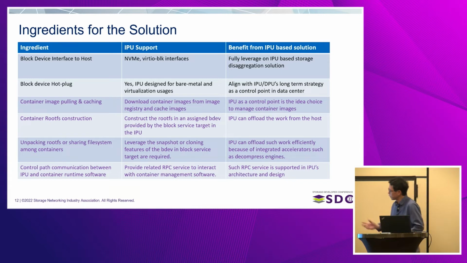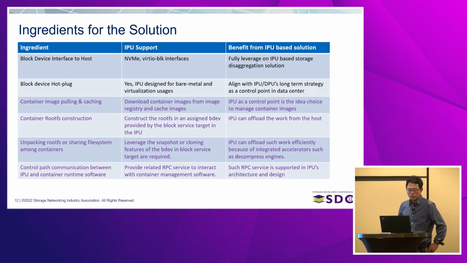And then the next few steps are new, which can be done in IPU. One we mentioned earlier is the container image pooling and the caching. So IPU can just go to remote image registration servers to download images, and then unpack that into basically a root file system and expose that root file system into a BDEV, a block device, right?